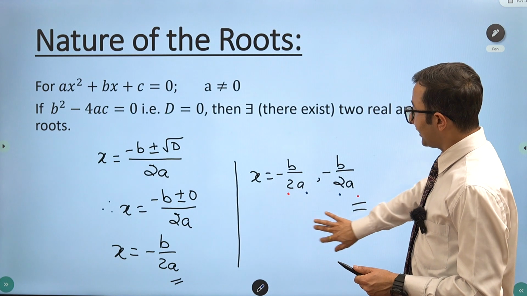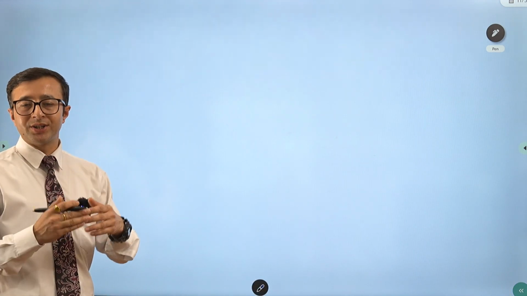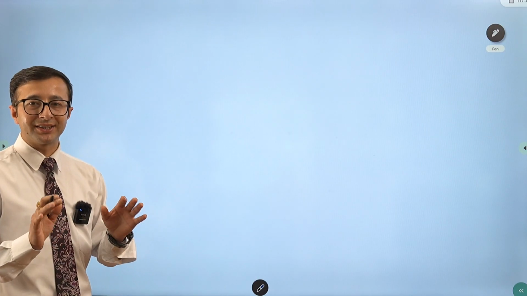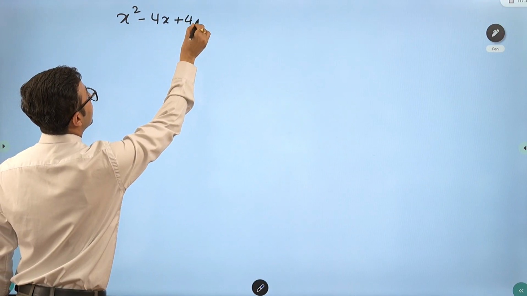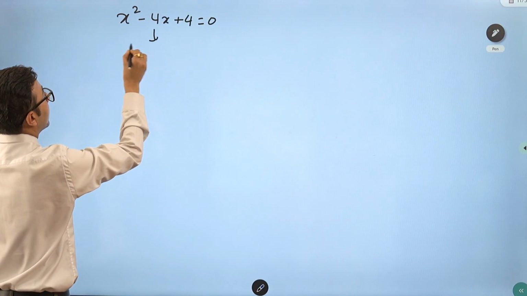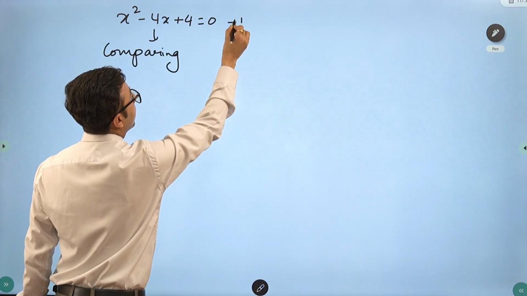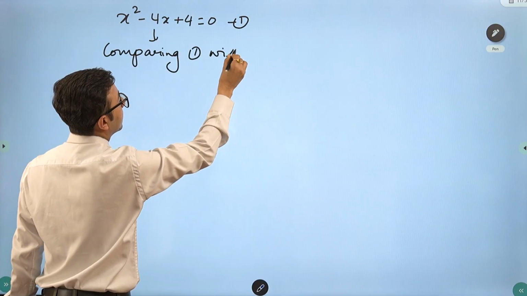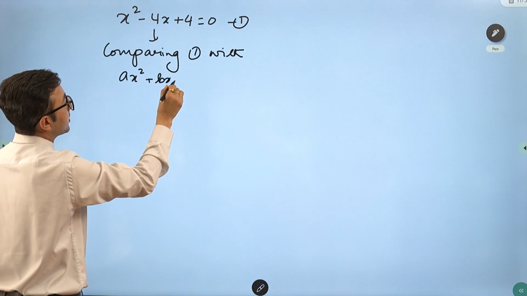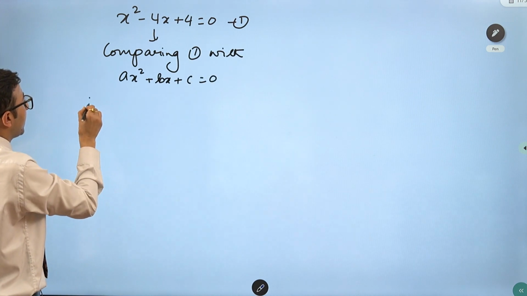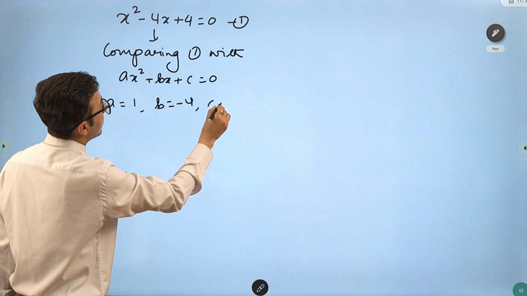So let us take one example where we can find that the roots are equal and the discriminant is 0. x square minus 4x plus 4 equals 0. So first, comparing this equation 1 with ax square plus bx plus c equals 0, we can say that the value of a is 1, the value of b is minus 4, and the value of c is 4.